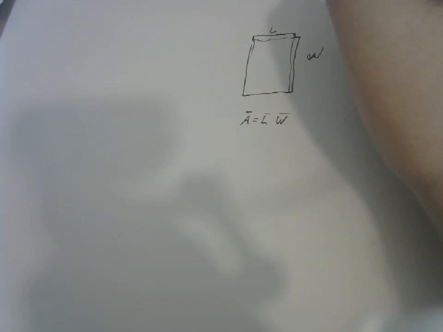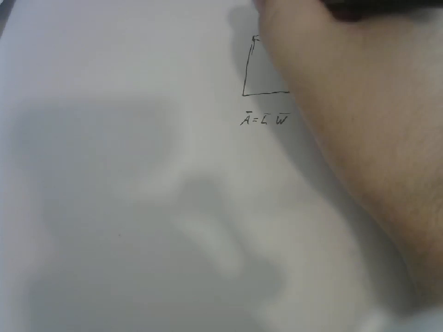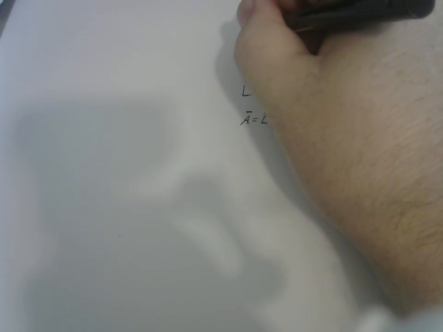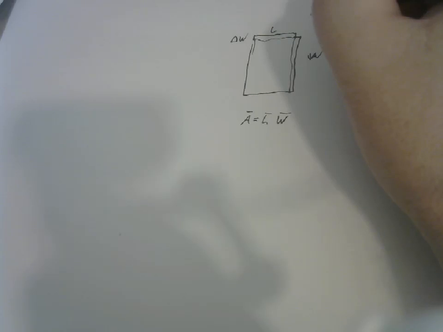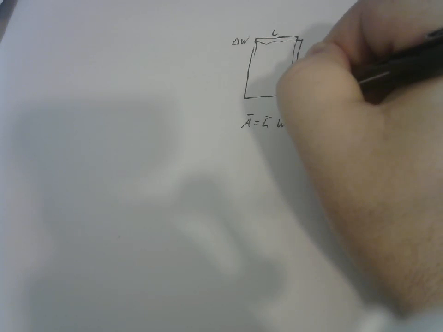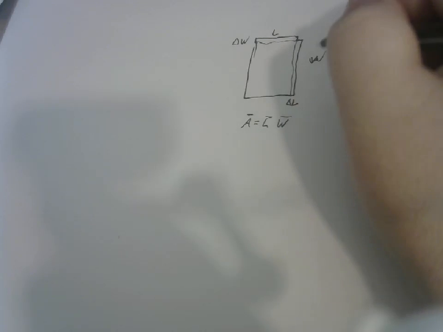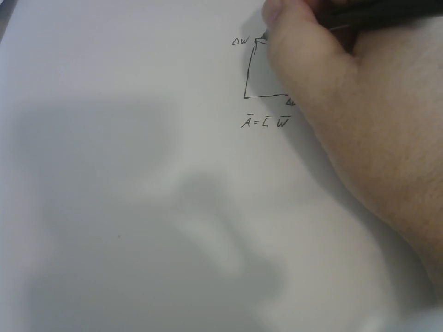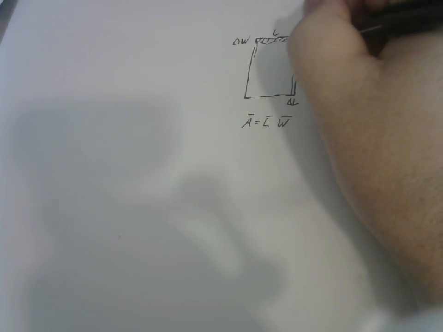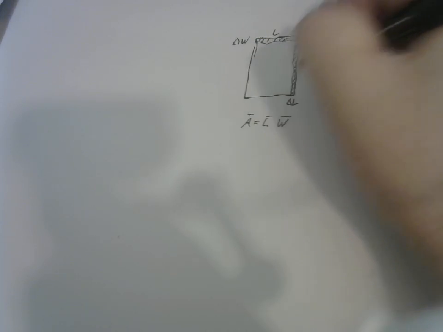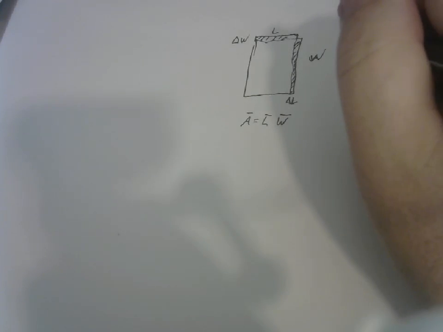We'll have a delta W here, we'll call it delta W, and we'll call this length over here delta L. So we've got these two areas as the kind of the uncertainty in the area.